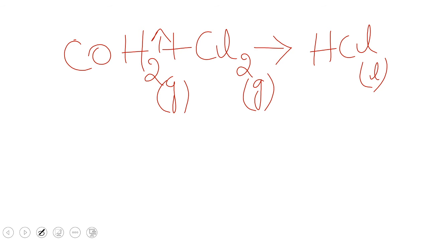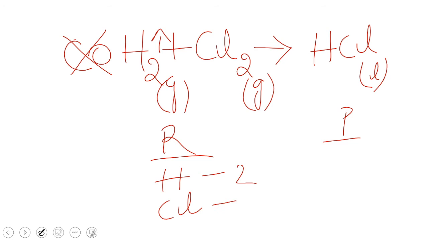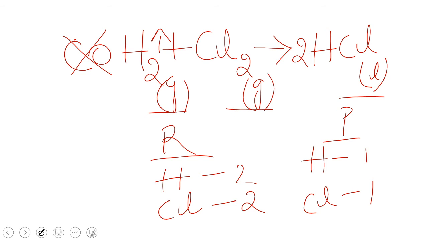So you have to balance the equation. Here, reactant side and product side, if you observe, hydrogen and chlorine. Here two hydrogens are there. Even the product side also has the same elements, hydrogen and chlorine, but one is there. So this is not a balanced equation. We have to balance the equation. So what I will do is I will write 2 here. Now the equation got balanced and I have written the physical states of the reactants and products also.